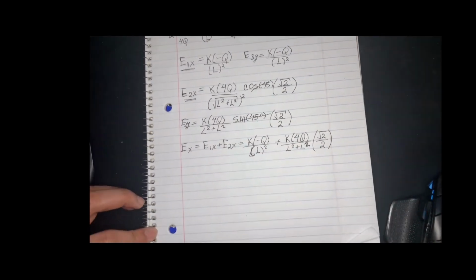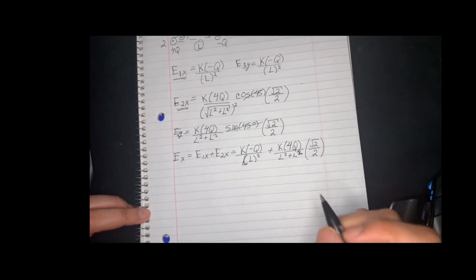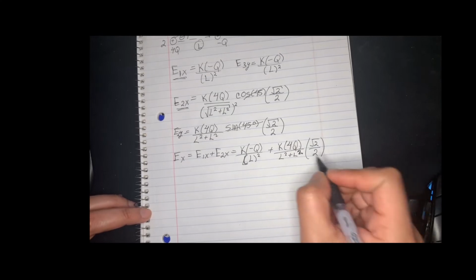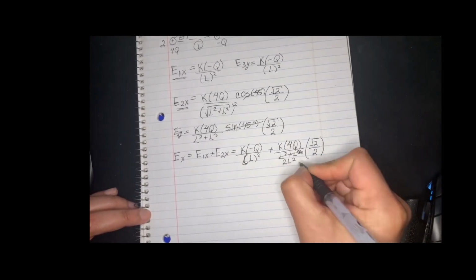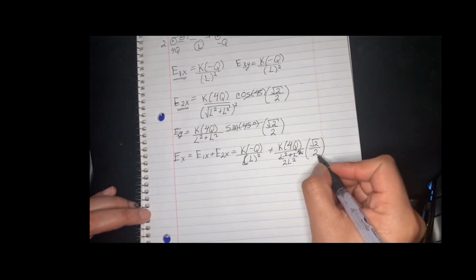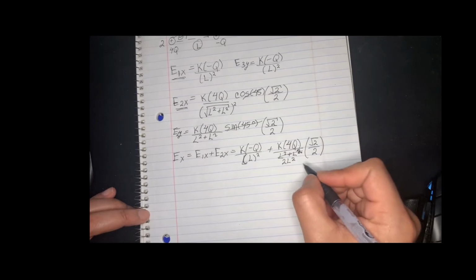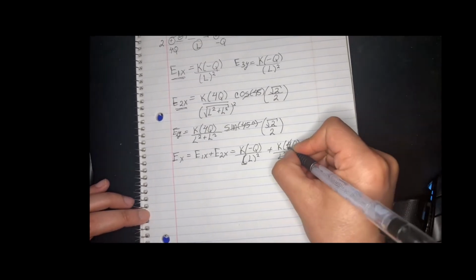Okay. Now we can combine this 2, so we're gonna have 2L squared. This 2 multiplied by this 2 is gonna be 4. 4 divided by 4 is gonna be 1, so we can cancel out the 2's and the 4.